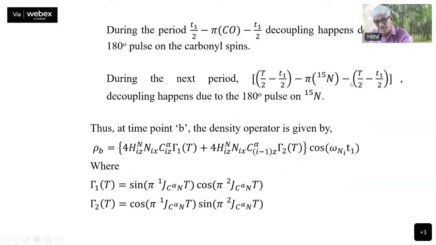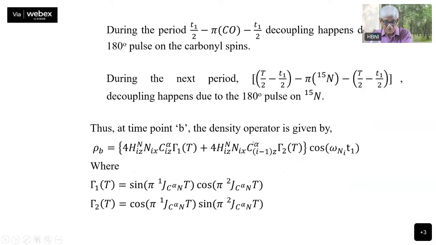Because at this point, we are applying a pulse only onto the nitrogen and not onto the carbonyl. Therefore, during this period, the pi pulse on the carbonyl removes the coupling, and during the following period, this pi pulse removes the carbonyl coupling. Therefore, effectively, in the entire constant time period, there is no evolution under nitrogen carbonyl coupling.